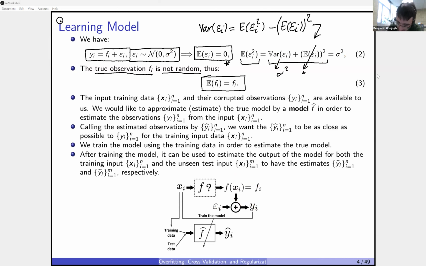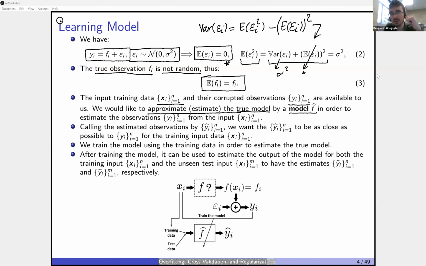The input training data, xi, i from 1 to n, and their corrupted observations or labels, yi, i from 1 to n, are available to us as a data set, right? We would like to approximate or estimate the true model by a model f hat. So we don't have access to f.